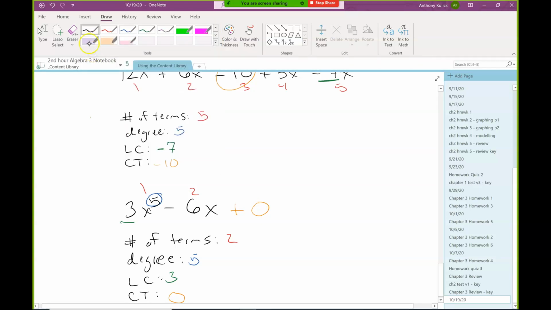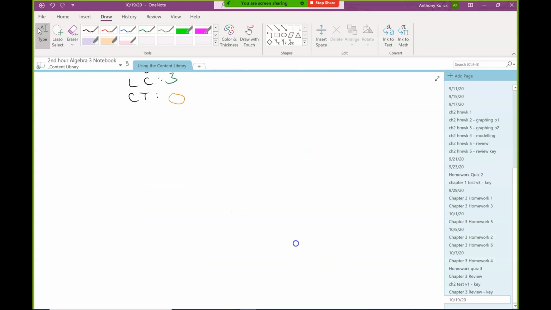Does everybody feel okay with this vocabulary, though? Should be relatively straightforward. Okay. As soon as my computer wants to stop being a laggy so-and-so.